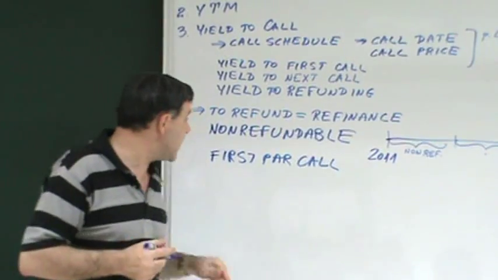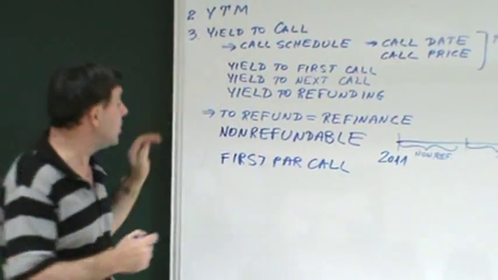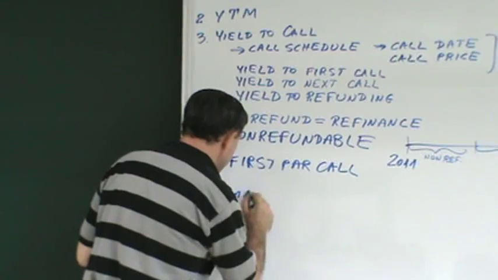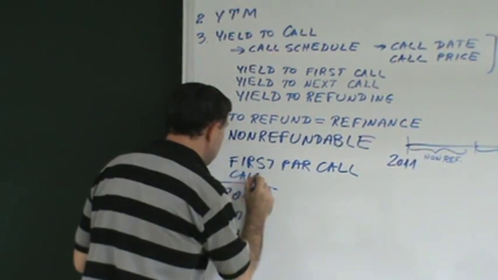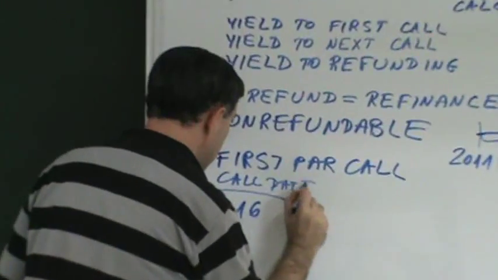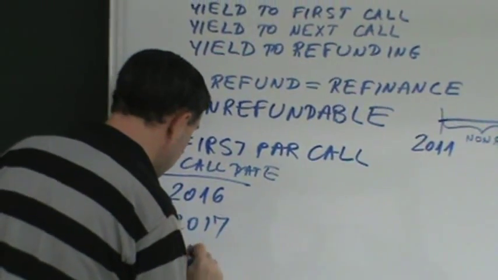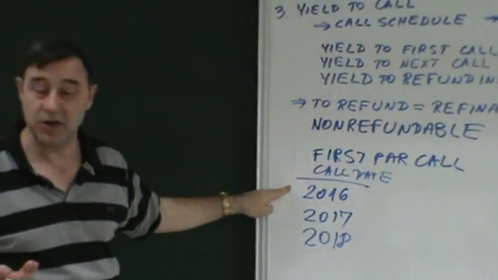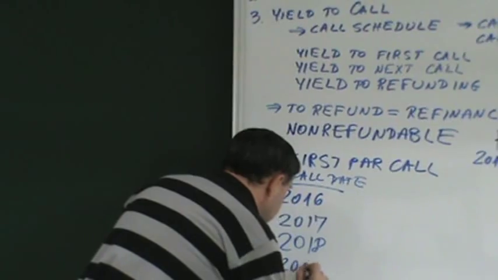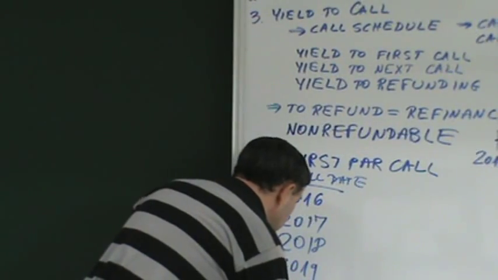So what they're going to say is, let's create a call date: 2016, 2017, 2018. Before 2016, it's non-callable, okay? 2019, 2020.